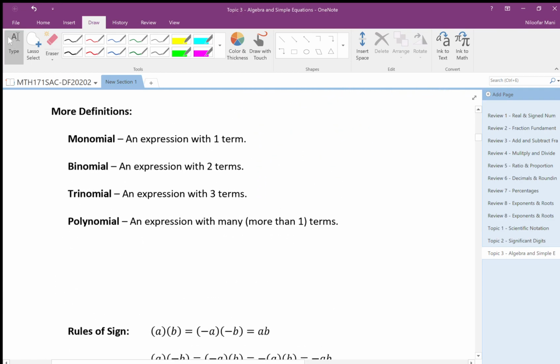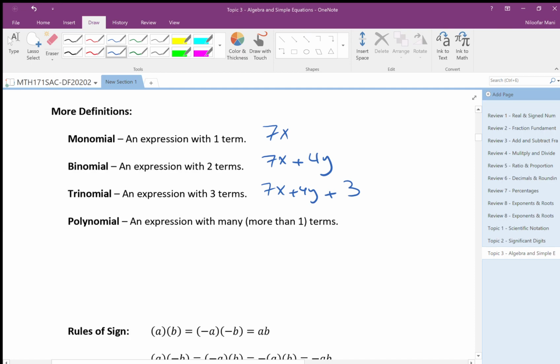Some more definitions. If I see an expression with just one term, I call it a monomial. If I see two terms, a binomial, for example 7x plus 4y. Here is 7x plus 4y plus, for example, 3. This is a trinomial, when I have 3 terms.